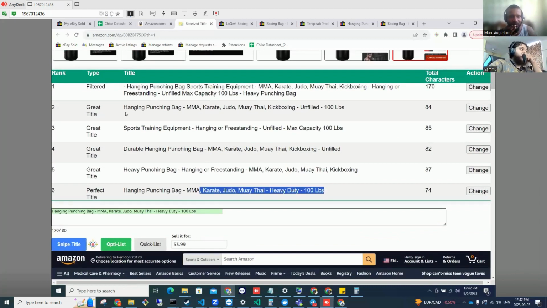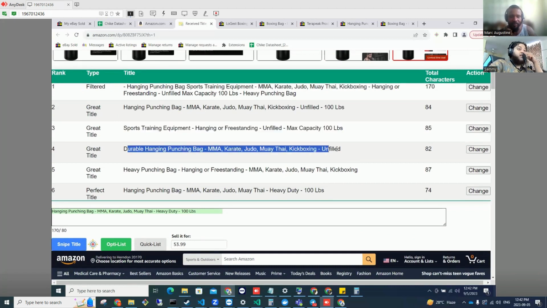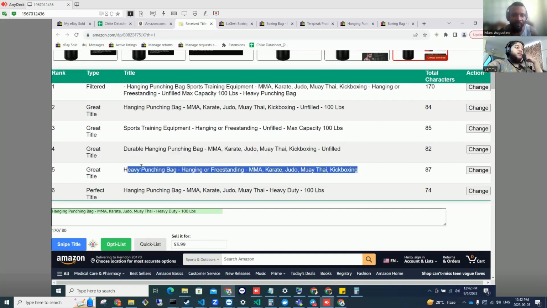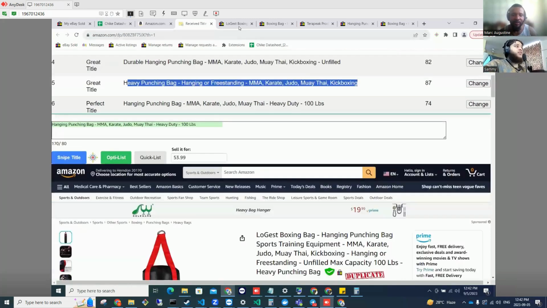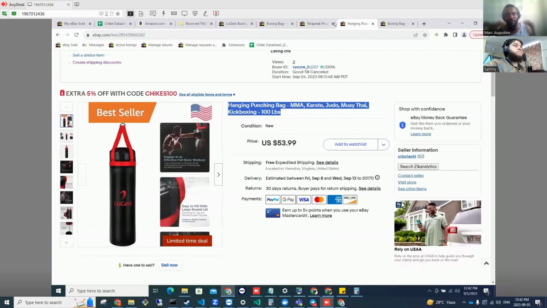Here are the titles we're getting: hanging punching bag, sports training equipment, hanging or freestanding, durable hanging punching bag. Our titles are great, they're amazing. These are designed to sell. And guys, if you have any questions on Ecom Sniper or eBay dropshipping, let us know in the comment section and we'll get back to you.